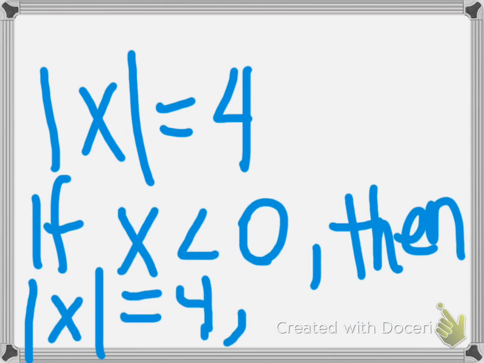The second conclusion is that if x happens to be less than 0, then the absolute value of x equals 4 really would mean that x would be negative 4. Oh, excuse me, that x would be negative 4 inside the absolute value symbol, I should say. And it would help if I made this negative. There we go.